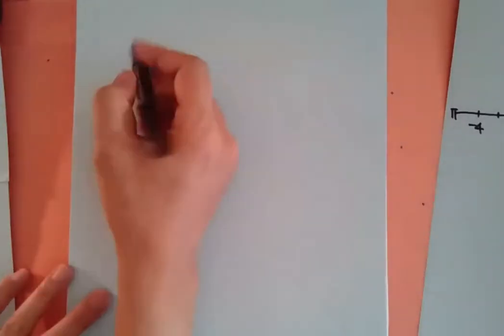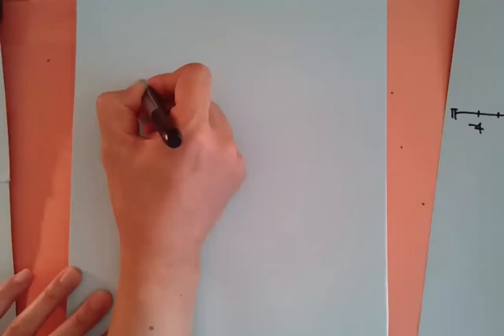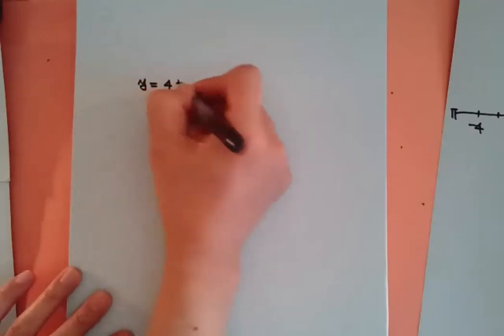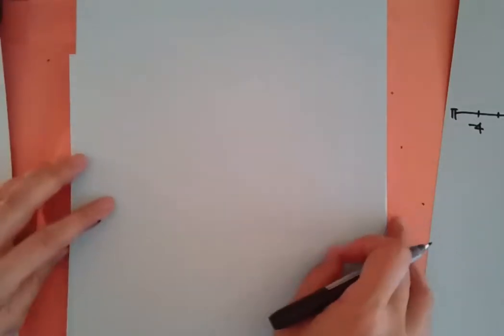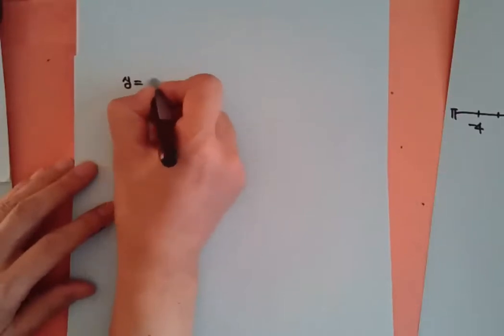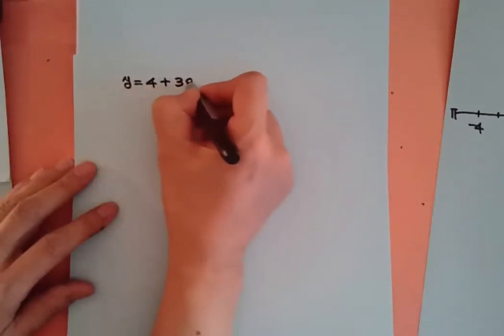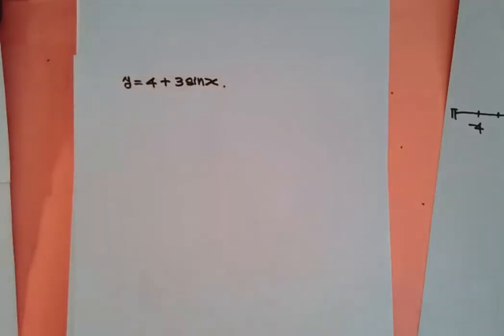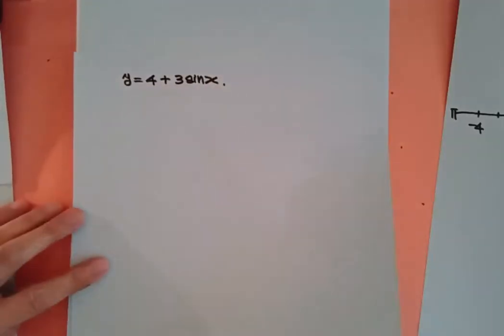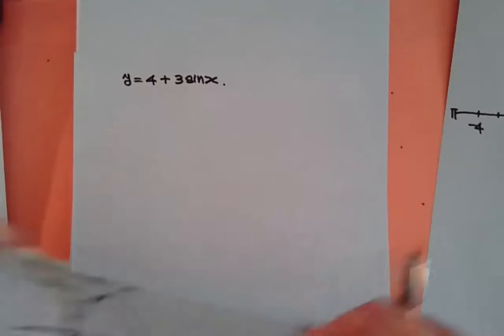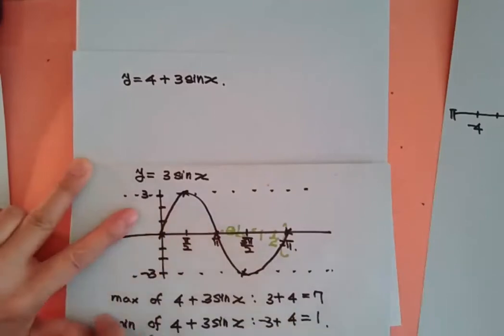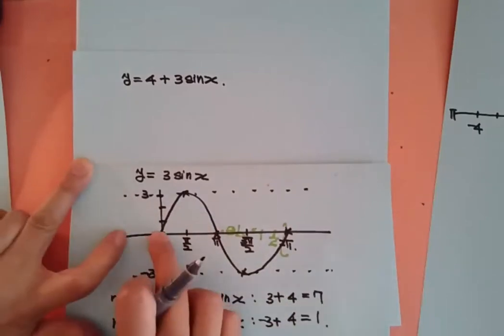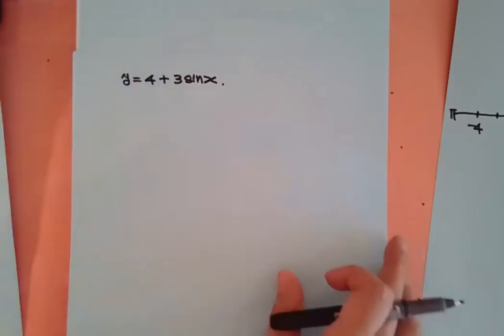So we have to graph y equals 4 plus 3 sine of x. This sine graph will shift up 4 units, and the axis will shift up 4 units, so it becomes 4.